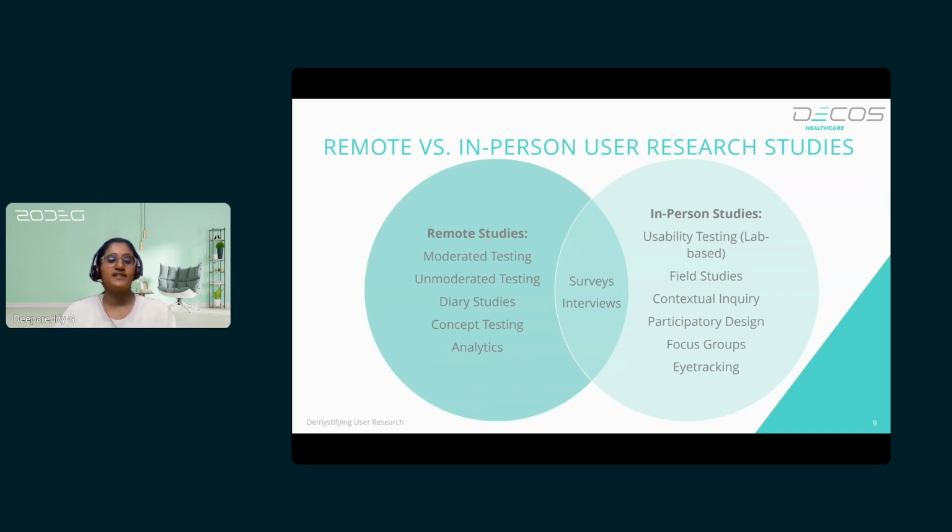But the usability study we are looking at here is lab-based, so it can be done in person. And there are other studies like field studies, contextual inquiries, observational studies, participatory design, focus groups, and eye tracking. These can all be done in person. Whereas there are certain methods like surveys and interviews which can be conducted both in person and remotely.